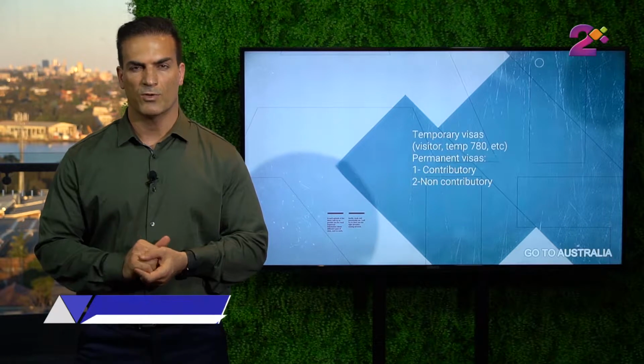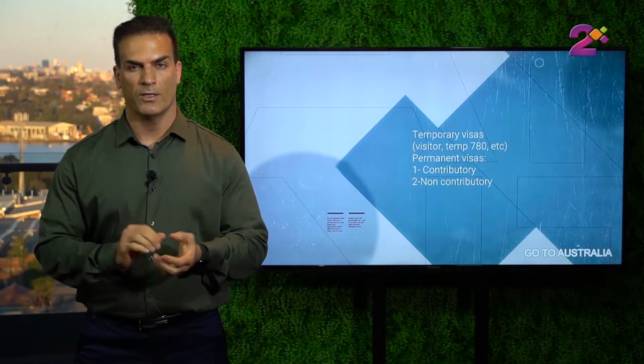But the visas we're going to talk about today are those that are either permanent visas or temporary visas that require a sponsor, and that sponsor should be either a permanent resident of Australia, a citizen of Australia, or an eligible New Zealand citizen. And we're going to tell you how.